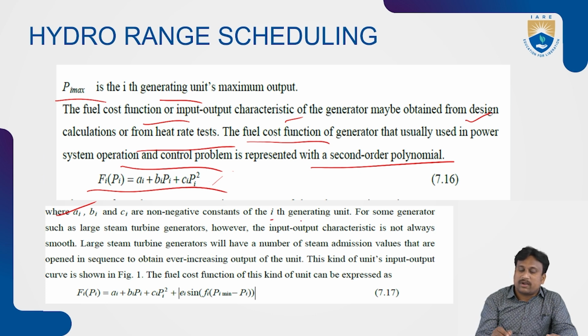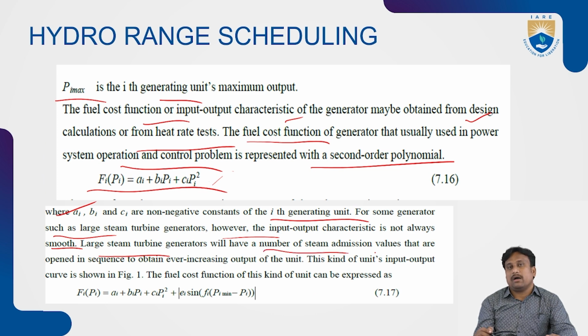That is for the ith generating unit. Some generators, like large steam turbine generators, have input-output characteristics which are not always smooth, because they have a number of steam admission valves that are opened in sequence to obtain ever-increasing output of the unit.